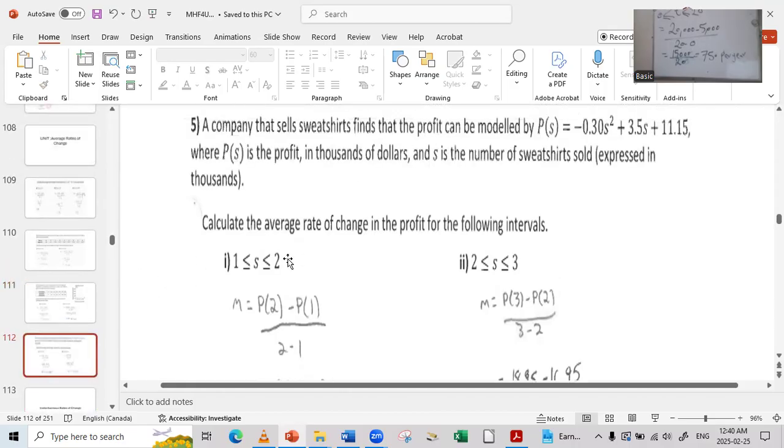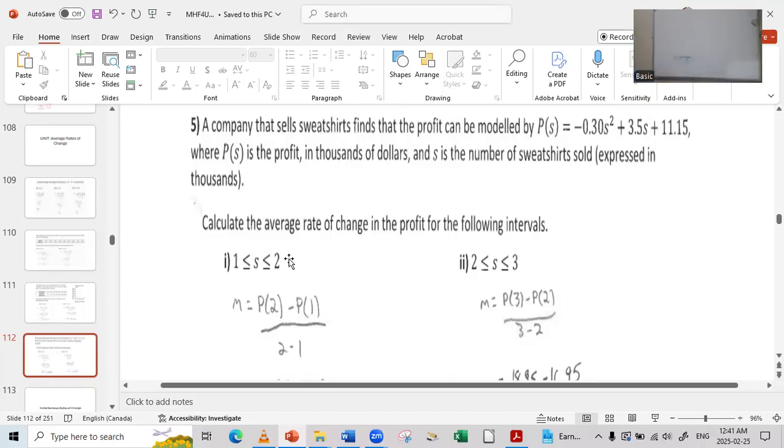This is another idea, and I like this idea so much, also about the rate of change. It's a good example for the rate of change.